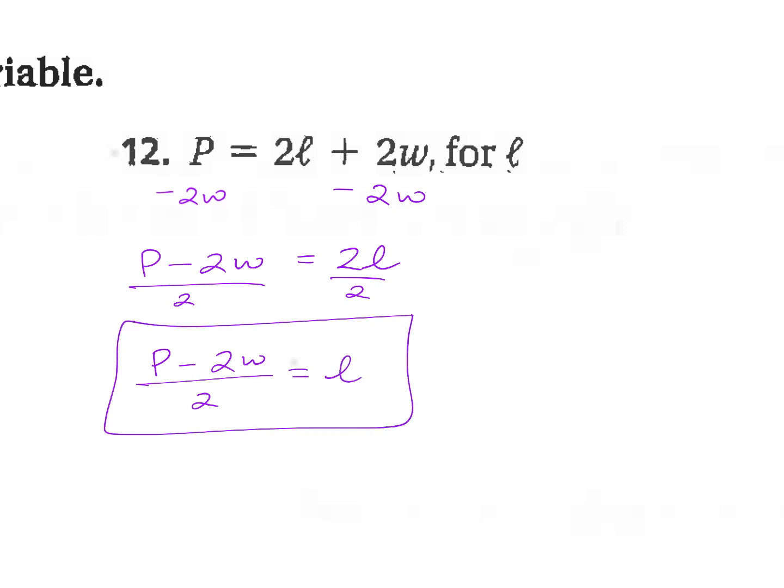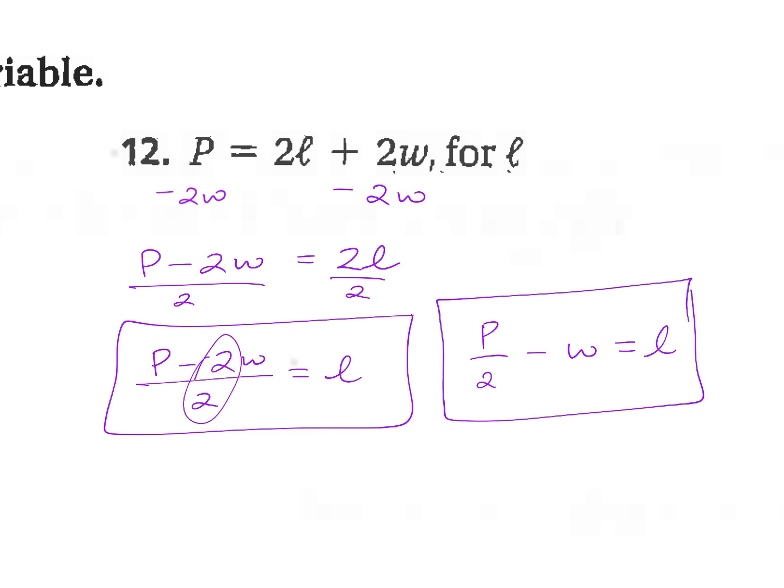If you like to break it up into two fractions, then you could say P over 2 minus, and now this is 2 over 2 times W, which is 1W. So you could write it like that, minus W equals L. That's fine also, or you could technically write it 1/2 times P minus W equals L. That would be fine too. But you have to isolate the L. You have to get L by itself, and then any of those are acceptable for me.